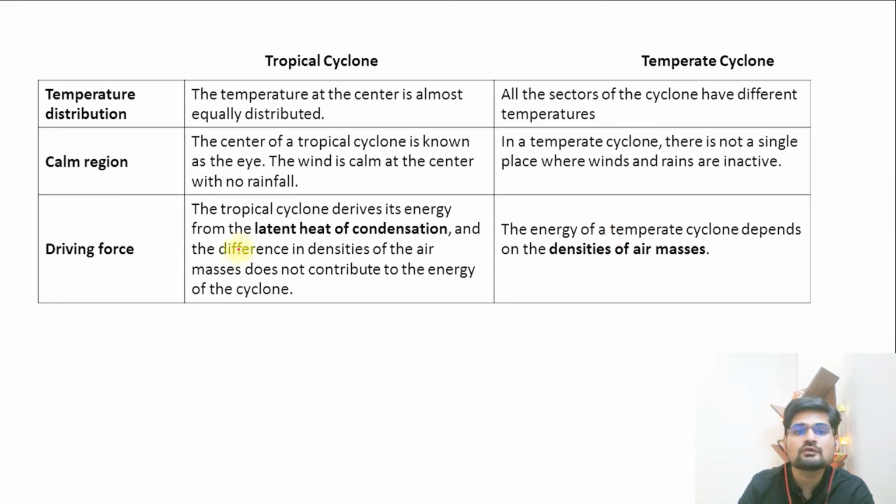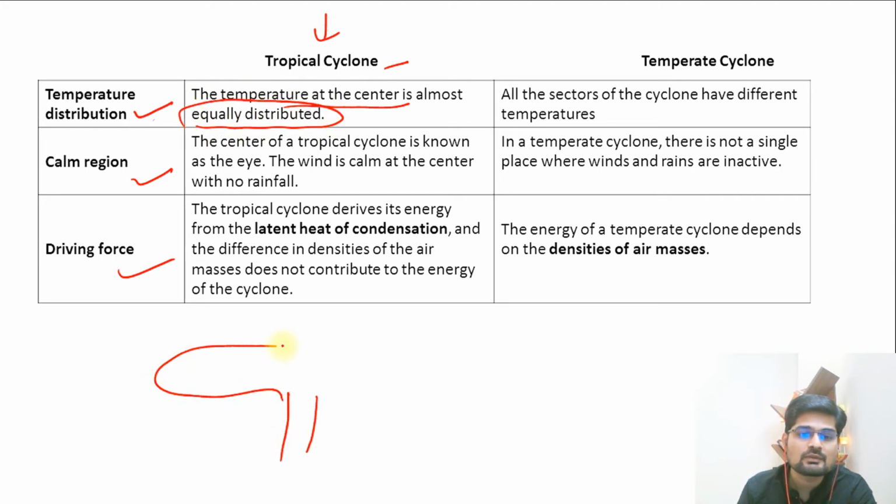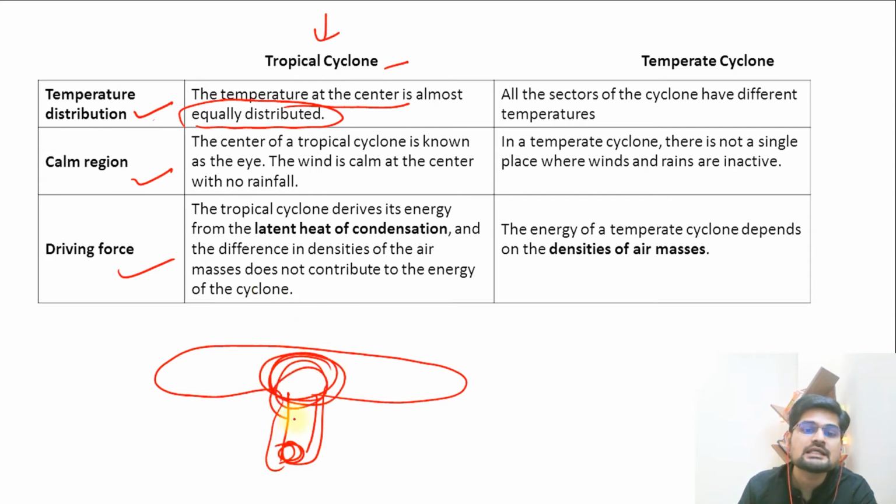Now, furthermore, when we see this comparison in terms of temperature distribution, calm region and driving force, let's look at one by one. So in the tropical cyclone, remember the temperature at the center is almost equally distributed. If this is the tropical cyclone, remember this elliptical shape, and here you have the eye of the cyclone. In the center, the temperature is equally distributed.